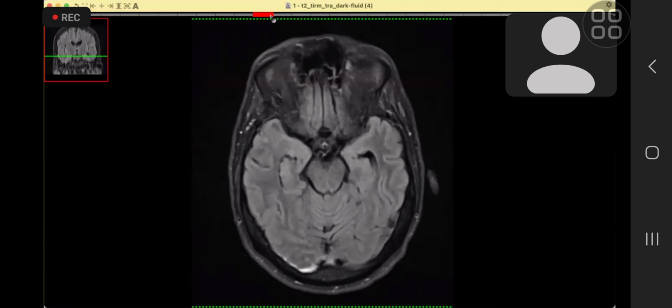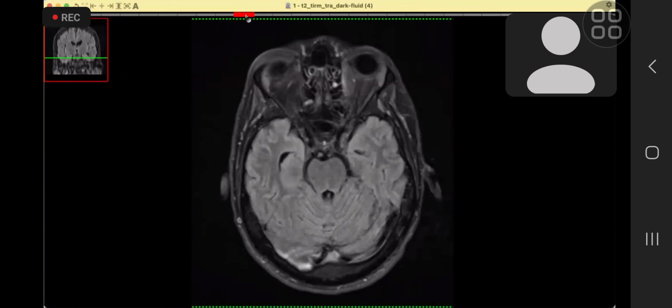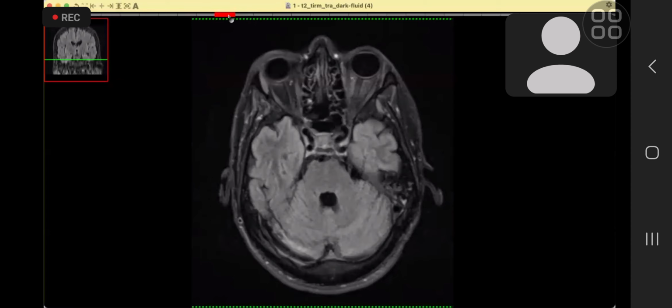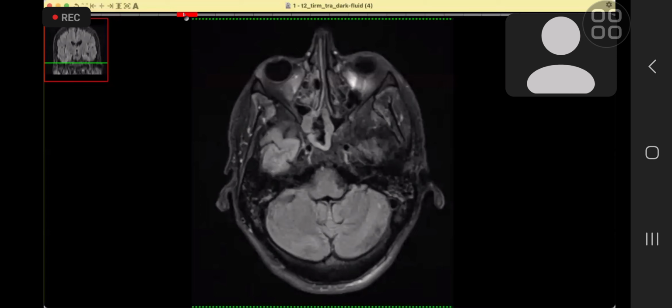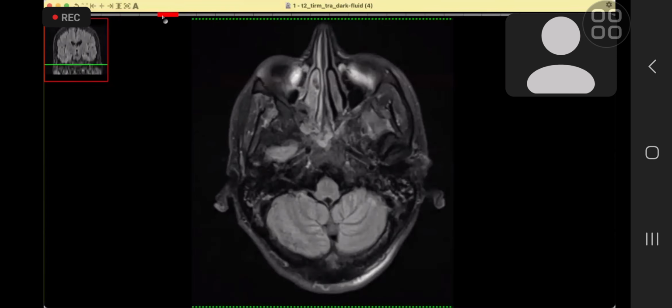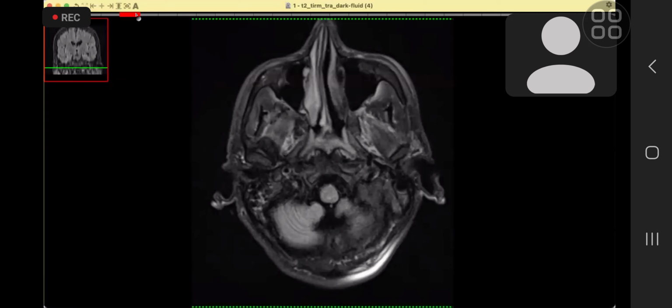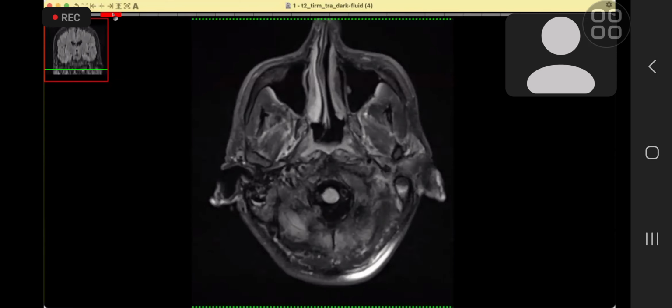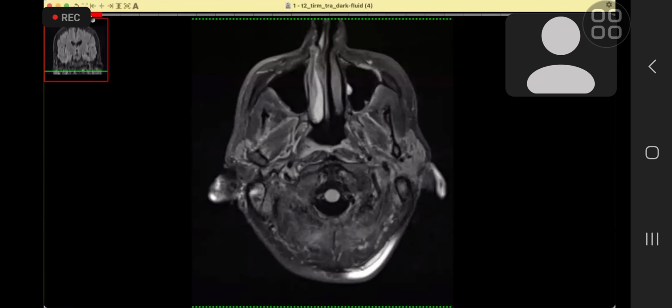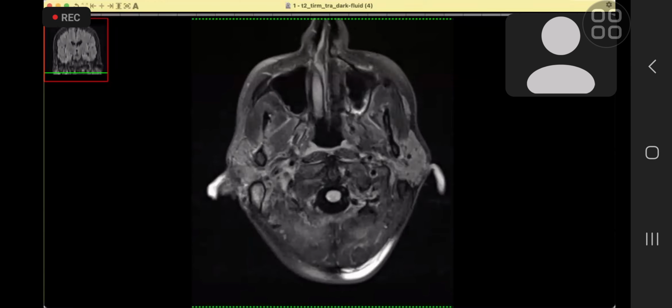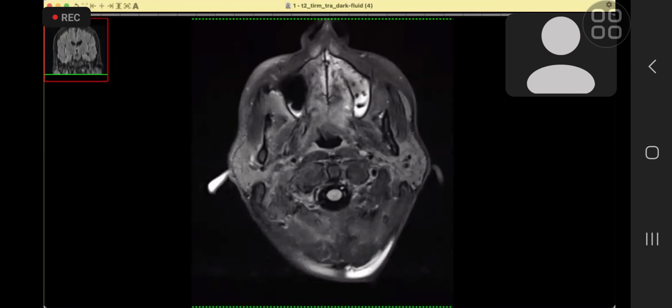to the other levels actually. I'm scrolling down. Now I'm at the level of the cerebellum and the brainstem. I want to look for any specific injury of the brainstem.